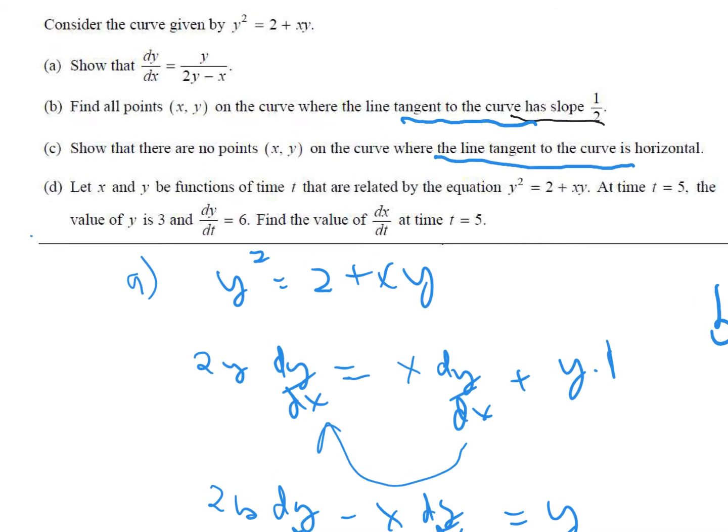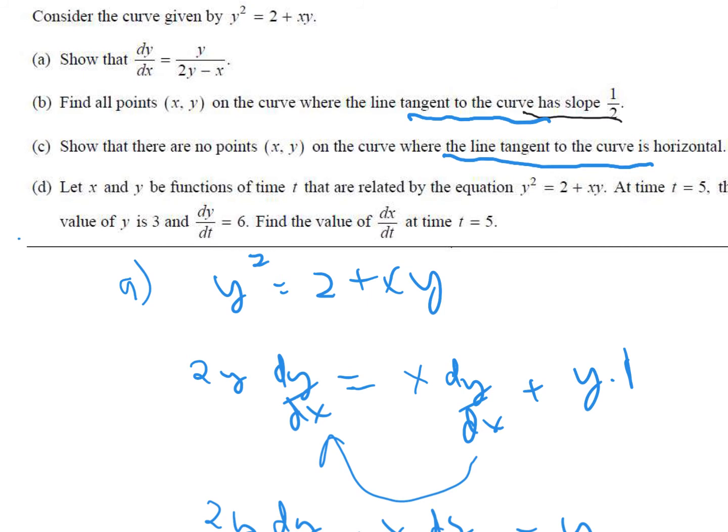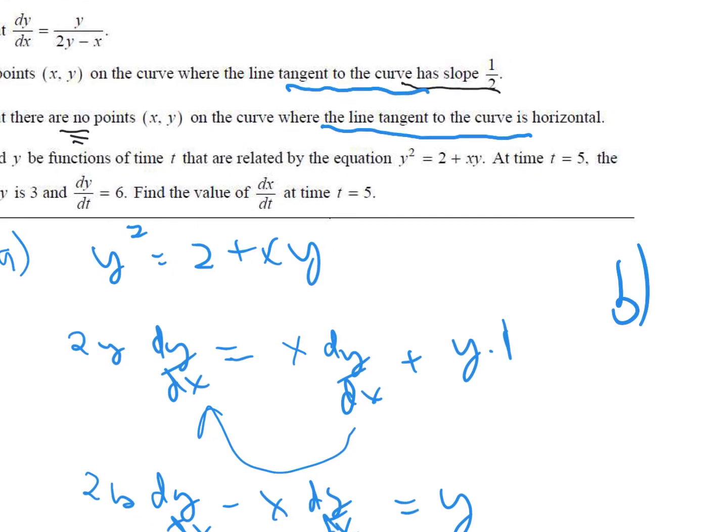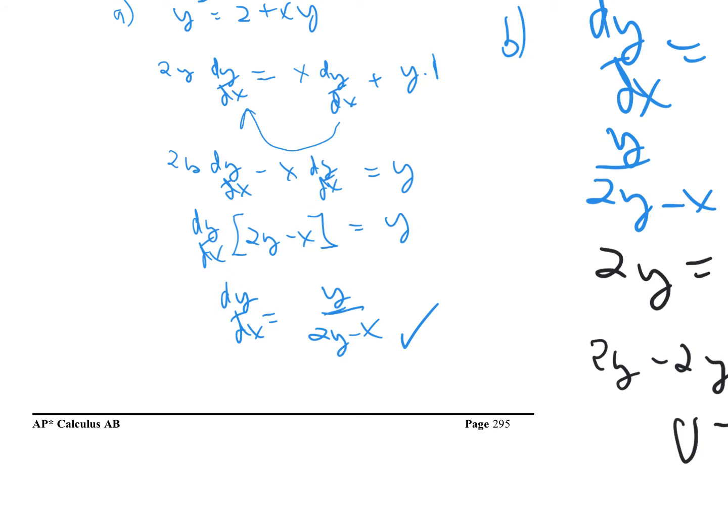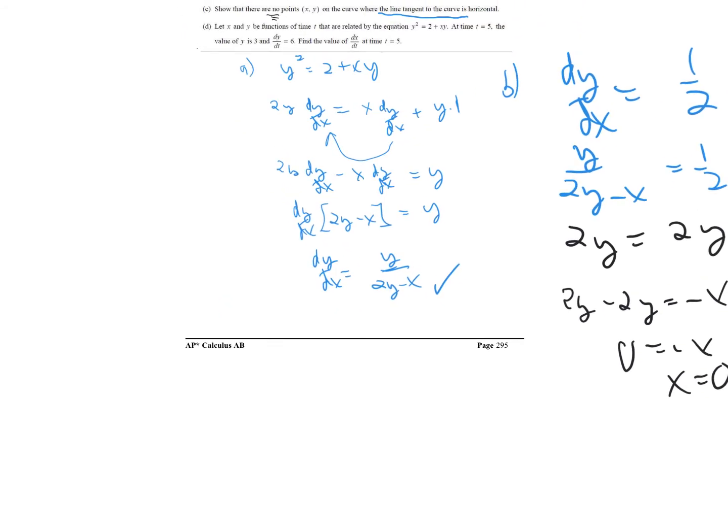C, do I like C? Show that there are no points, that means they don't exist, where the tangent line of the curve is horizontal. Okay. So he's not telling you to find all the places where the tangent is horizontal.